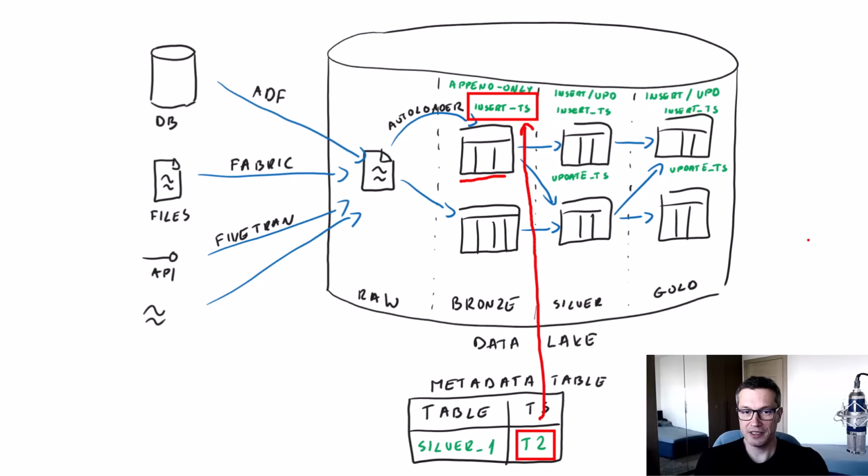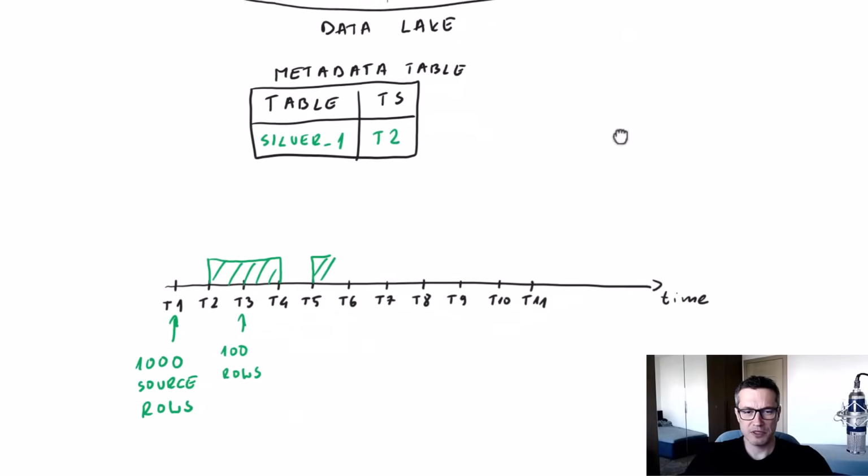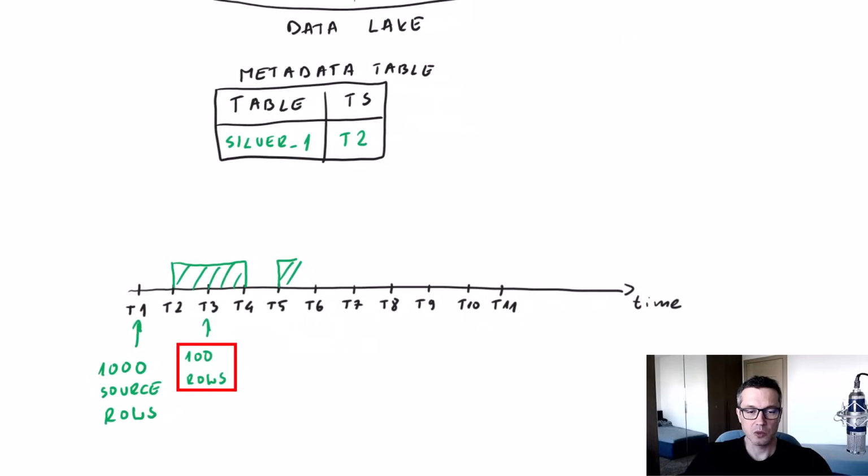It will guarantee that we'll read all the rows that were inserted into the bronze table after we started the last successful processing. Which simply means in our case that we'll read those 100 rows and process them.